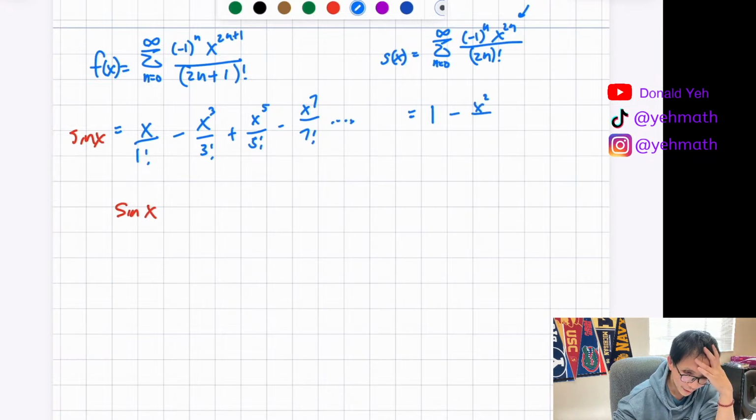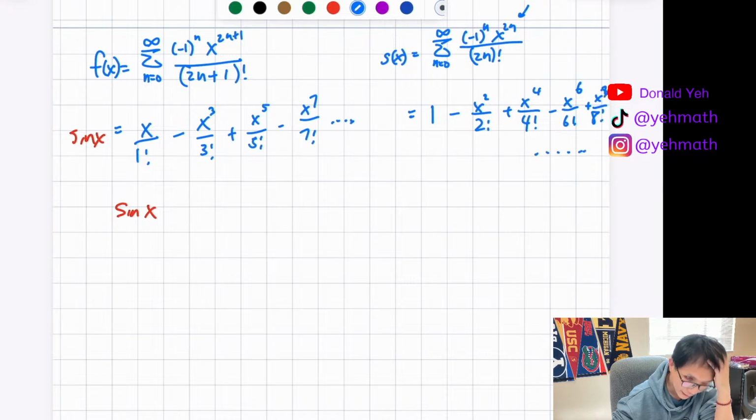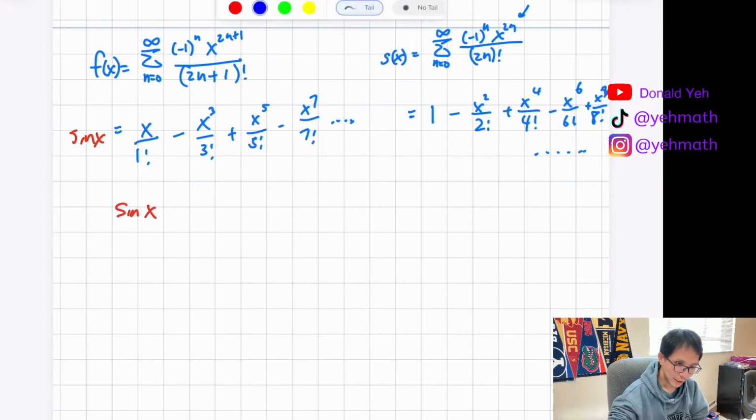Minus x squared over 2 factorial plus x to the 4th over 4 factorial minus x to the 5th over 5 factorial, x to the 6th over 6 factorial, and plus x to the 8th over 8 factorial, and so on. Now pay attention. What happens if I take a derivative of the x?